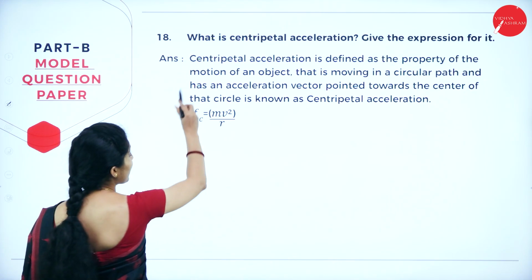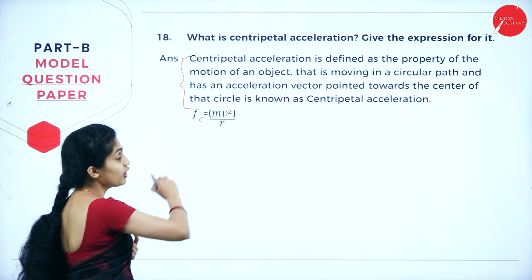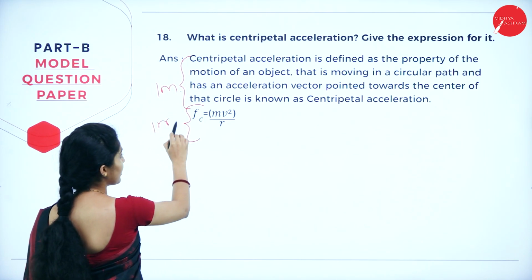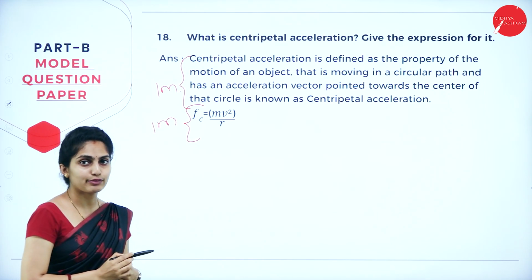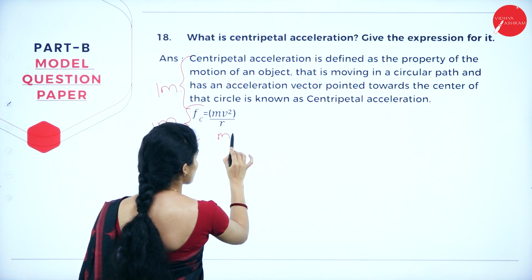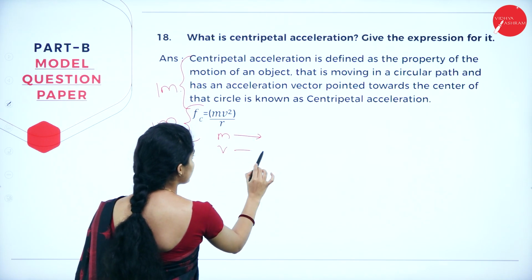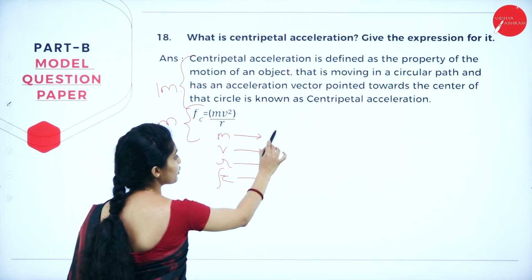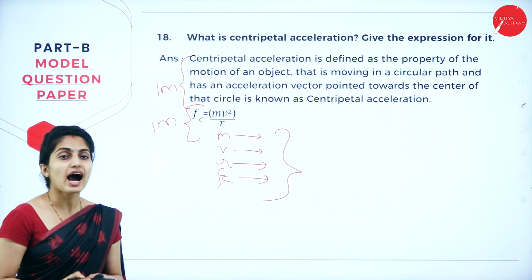So you have defined centripetal acceleration for 1 mark and you're giving the expression for the other mark. Here you will have to give the following terms: what is meant by M, what is V, what is R, and what is FC. This is how you will have to write the answer.